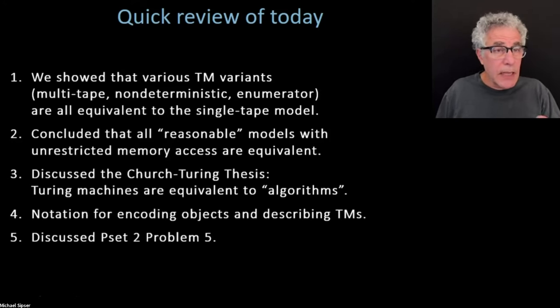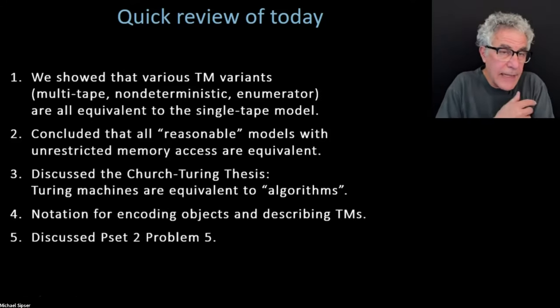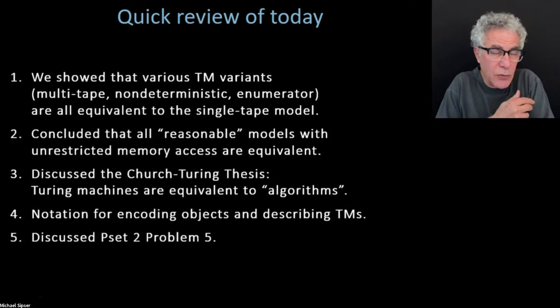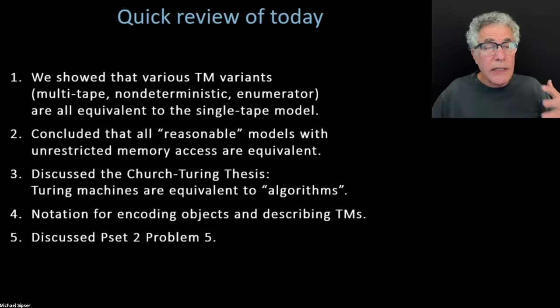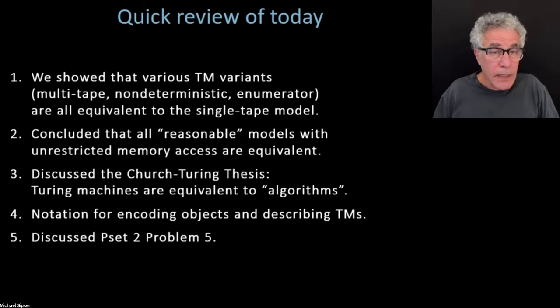It's really a hypothesis that the only thing you'll ever be able to compute is something that you can do with a Turing machine. That has something to do with the nature of the physical world, and I don't think that's what people had in mind. It's that the kinds of things we normally think of being able to do with a procedure mathematically are exactly the kinds of things you can do with a Turing machine.